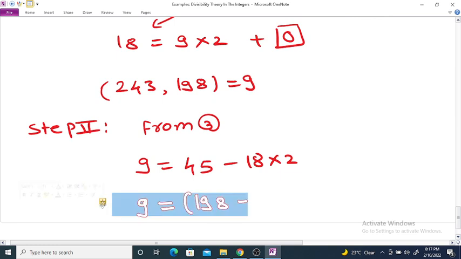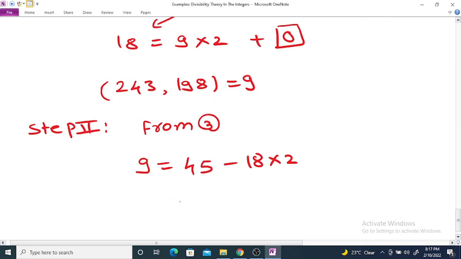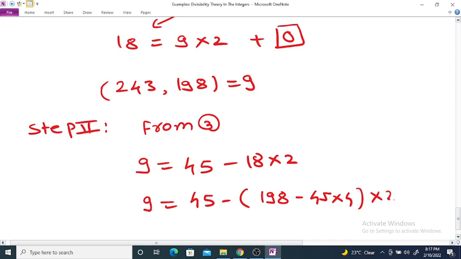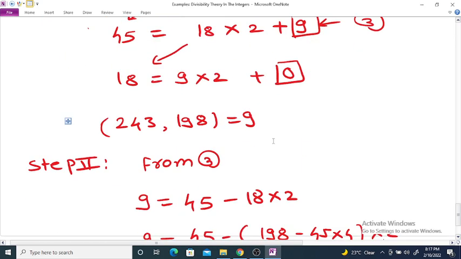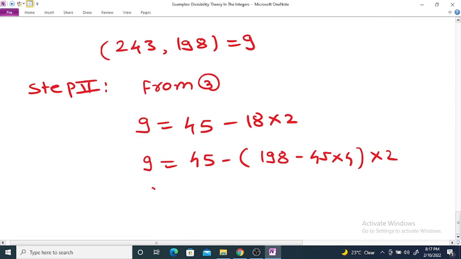So 9 is equal to 45 minus the value of 18 into 2, which is 198 minus 45 into 4, by using equation number 2. If we simplify this, 9 is equal to 45 one time and 45 eight times, so 45 total 9 times, and minus 198 2 times.